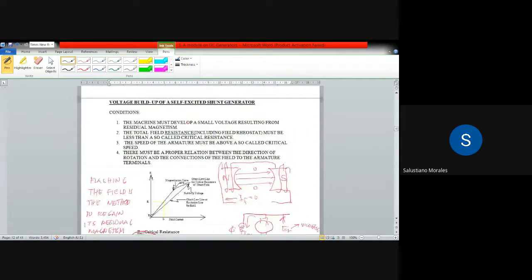That is number 3. Then number 4, there must be a proper relation between the direction of rotation and the connections of the field to the armature terminals.